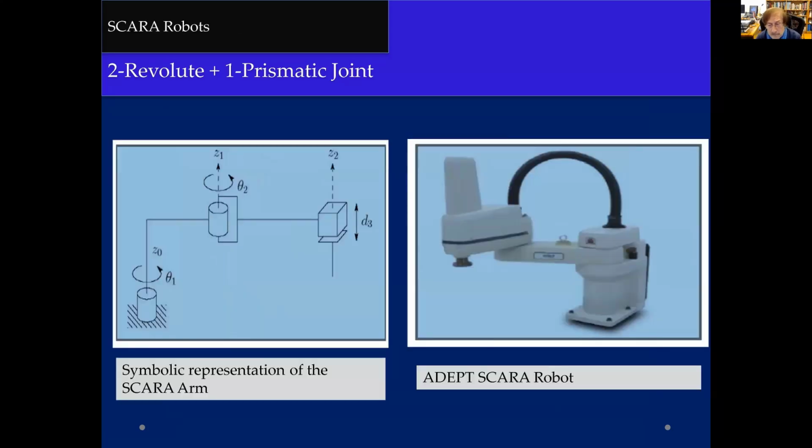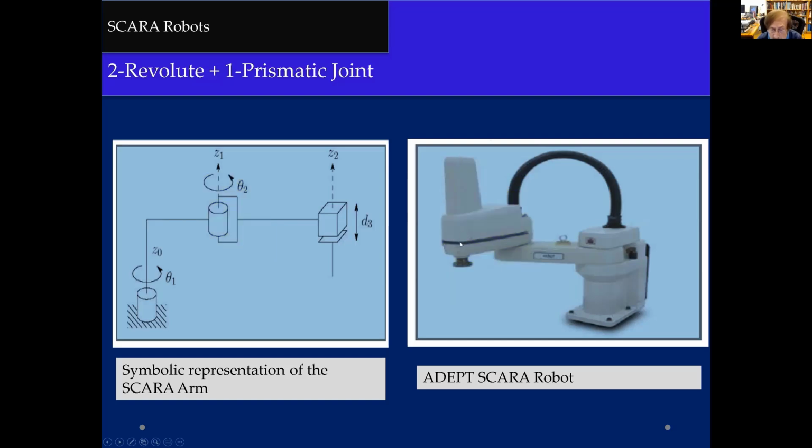Let's try to see the correspondence between these two. Okay, we understand here this one is rotating. Also, this one is rotating, because this is also shown by a revolute joint.